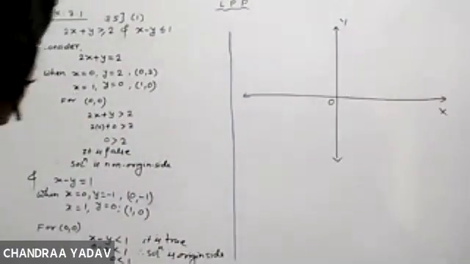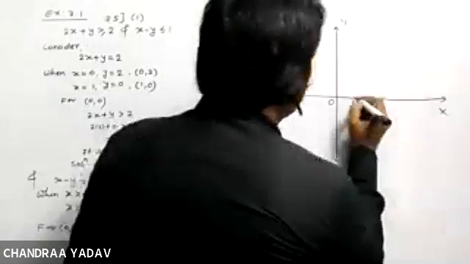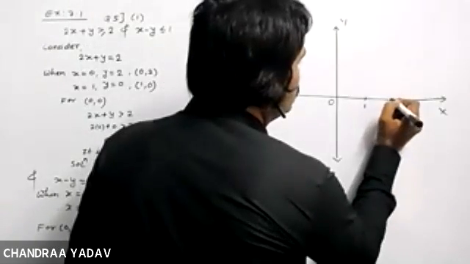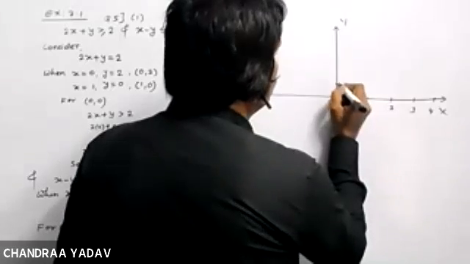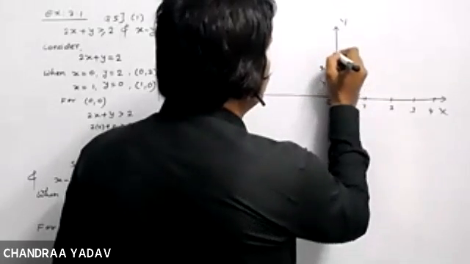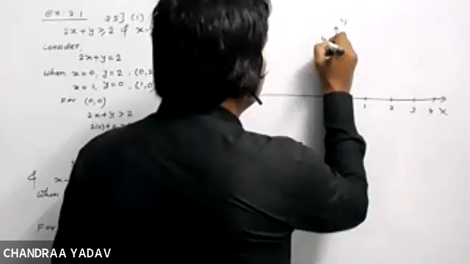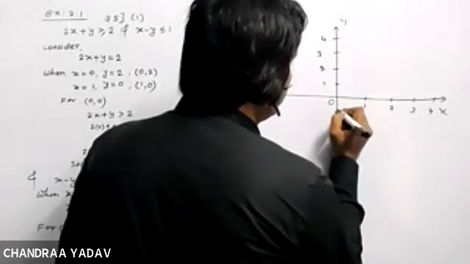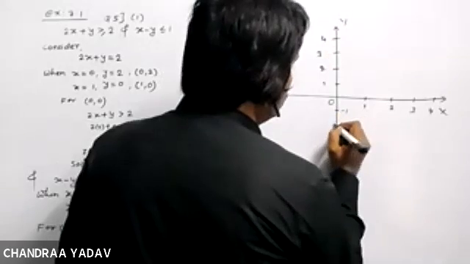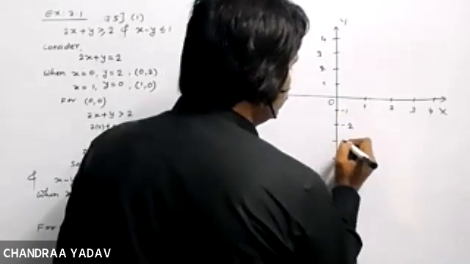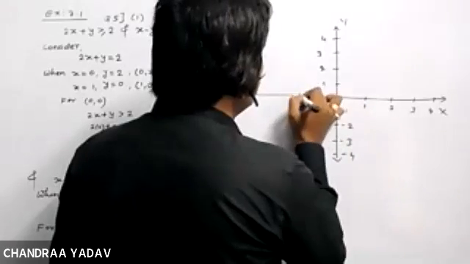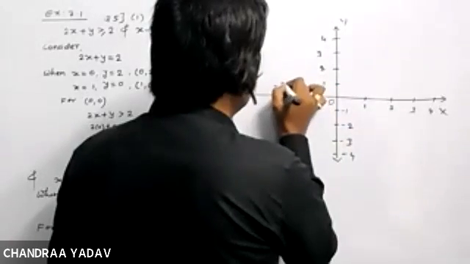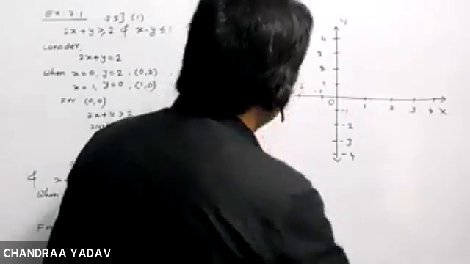Now the maximum value is 2 only here, so we will write 1, 2, 3. See, we have to use normal paper. Remember, no need to use actual graph paper. So minus 1, minus 2. You are all familiar with how to draw this.